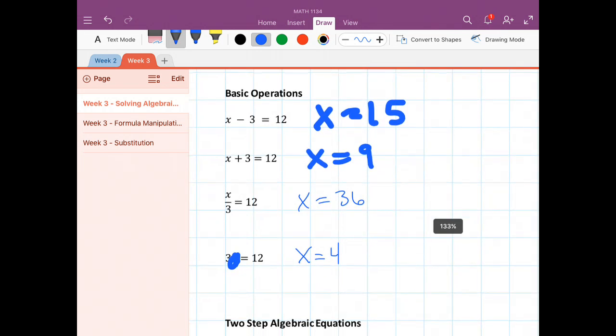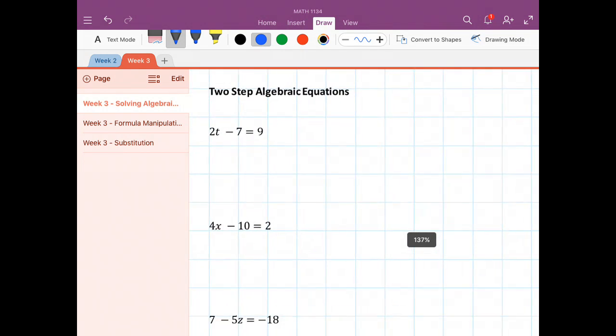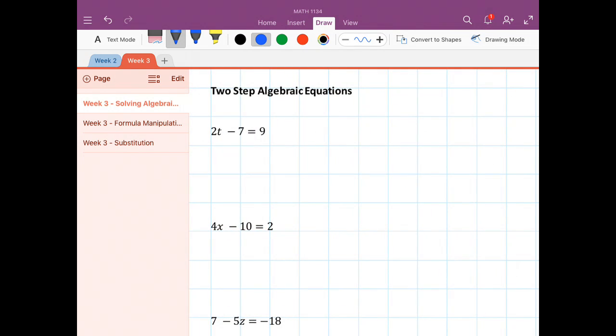Okay, so let's move on to some two-step algebraic equations. So we're going to have to do 2 things. Our goal when solving these is to get the variable, which in this case is t, on its own on one side of the equation, and all the numbers on the other side.